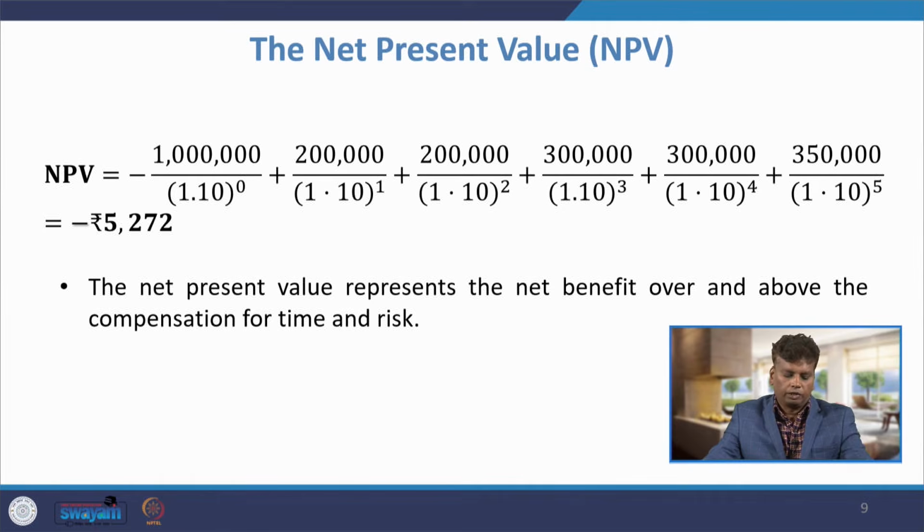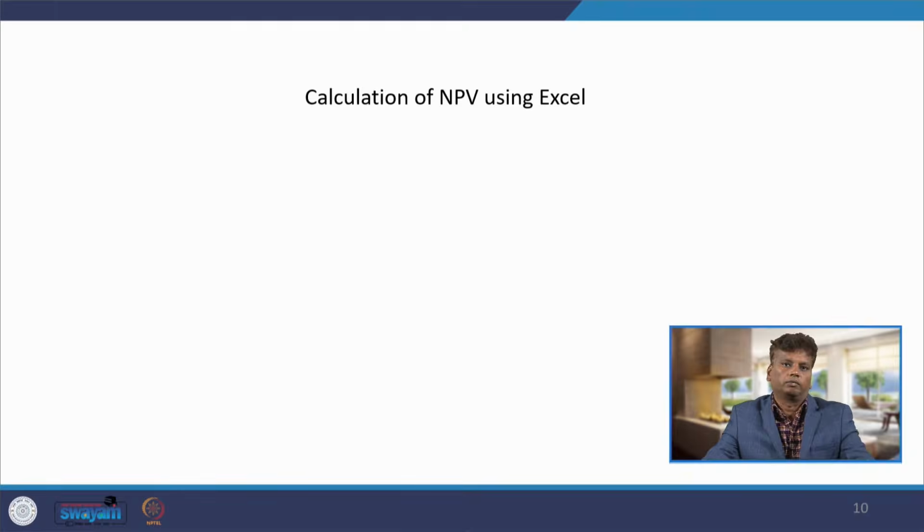The net present value is minus 5,272 rupees. Here we are getting a negative NPV, in the sense that it is not a good proposal for us. The net present value represents the net benefit over and above the compensation for time and risk. We are getting a negative value, so this is not an advisable proposal.